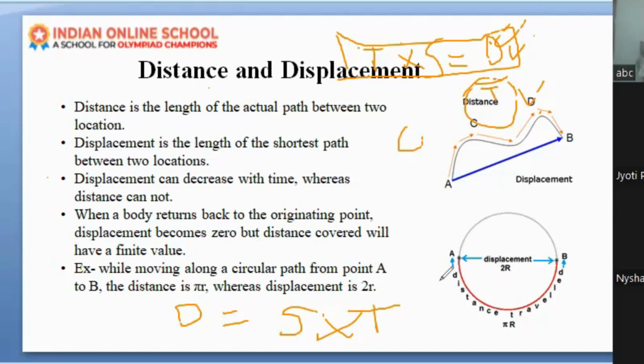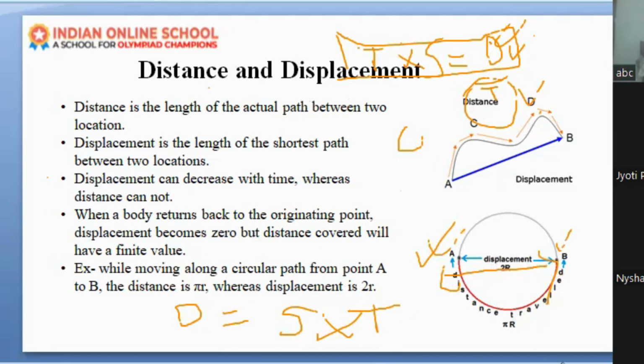Now let's move ahead with the next topic, that is displacement. Distance and displacement are like brothers, but displacement is the big brother. So first, let me tell you what displacement is. It's the shortest distance between the initial and the final position.